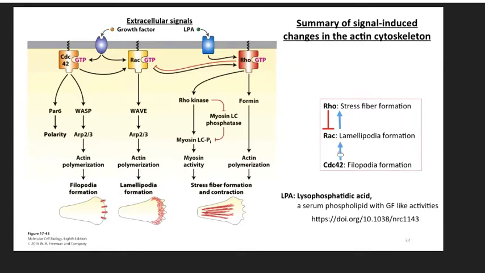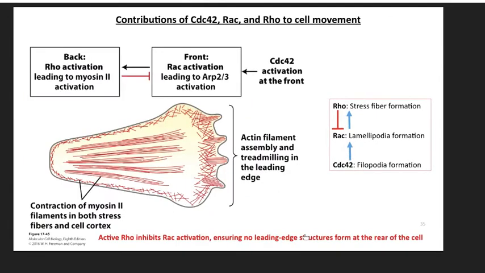Also, this is important where I have shown different regions and how they are activated. So first, in the front, CDC42 helps with the filopodia formation, RAC, lamellipodia formation, both of them in the front, and then in the back, Rho helps with stress fiber formation.